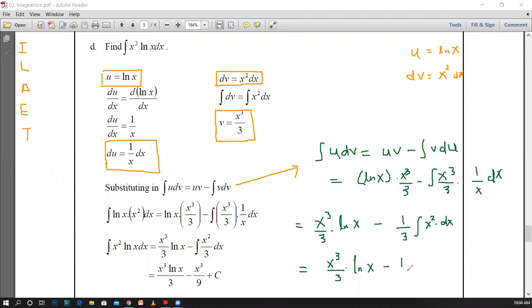So here you get 1 over 3 times x cubed divided by 3, plus, now all the integrals have finished, so you add the arbitrary constant. Therefore the final answer is x cubed divided by 3 times ln x minus x cubed divided by 9 plus c. This is how we apply the integration by parts technique.